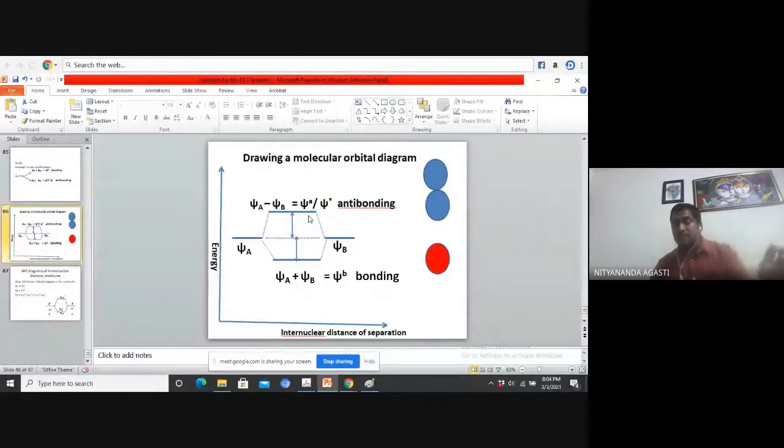It's not about making the diagram look beautiful, but the fundamental behind this is that the deviation from the center of gravity upward and downward will remain the same. The amount of energy lowered for the bonding molecular orbital, a similar amount of energy will be increased for the anti-bonding molecular orbital. Then only the whole molecule will be stabilized in context of energy.